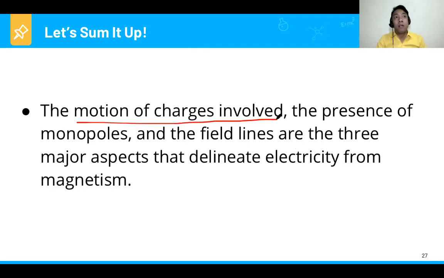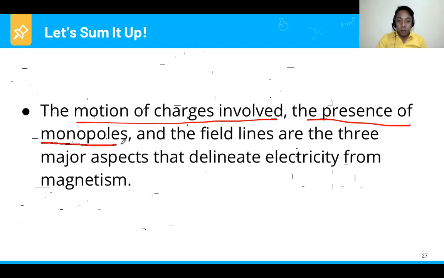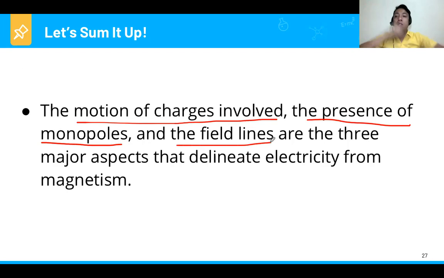Okay, about the motion of charges, this one is continuous loops. Alright, presence of monopoles. And in a broken moving magnet, you still have two poles. And the field lines, okay, field lines is also continuous. So those three are the main things that make it different from electricity.